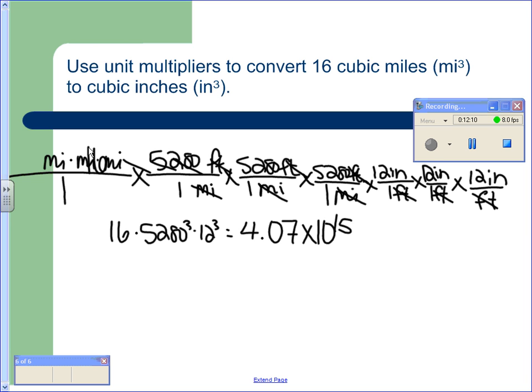Do you get 4.07 times 10 to the 15th? Right? I mean, it's a huge number. So round to the hundredth place, okay? Round to the hundredth? Oh, I mean, yeah, it knows what it is.